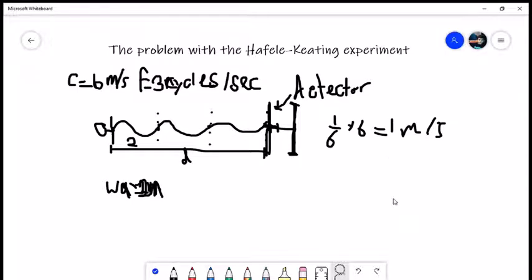Okay. So now that we know what the HK experiment is and how atomic clocks work, what is the problem with the HK experiment?